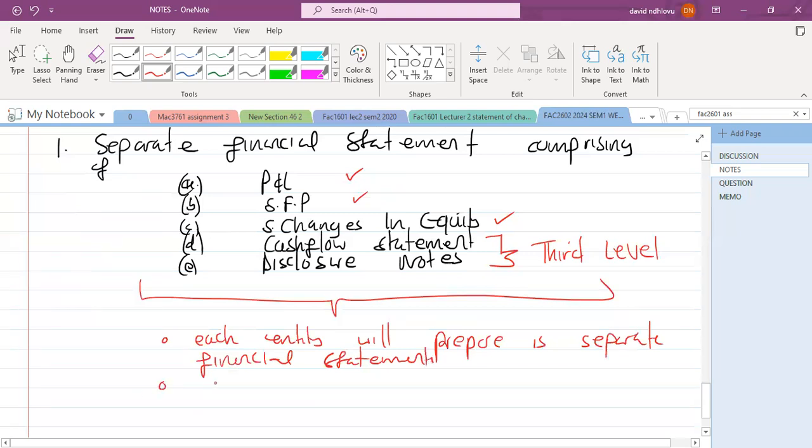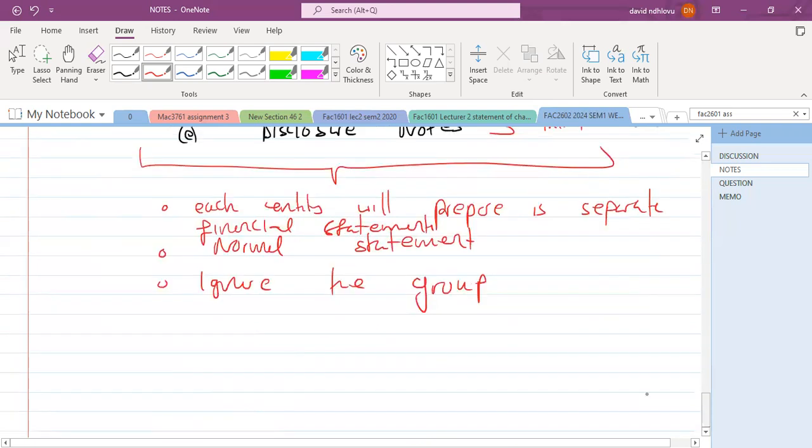These are your normal statements. There is no complication, just a normal income statement. At this point, we ignore the group. When they prepare this, there is no reference to the group.